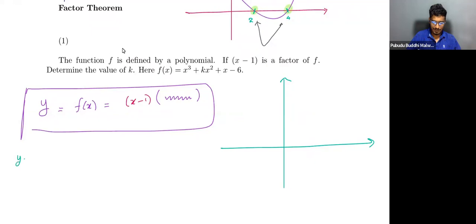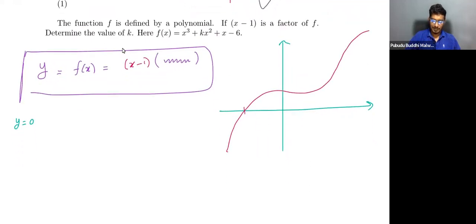I mean, this curve, f of x curve, will intersect the x-axis at 1 point, maybe 2 points. We don't know that. What are those points? How would you compute those points? That's the question.